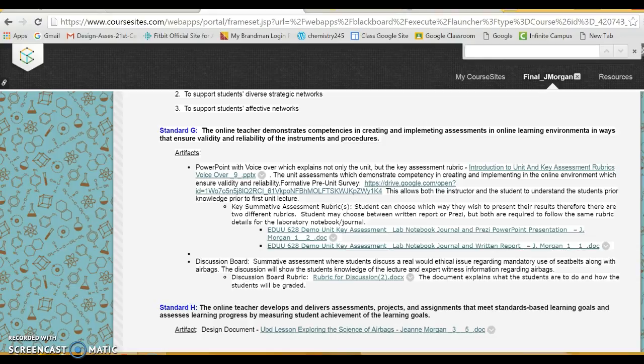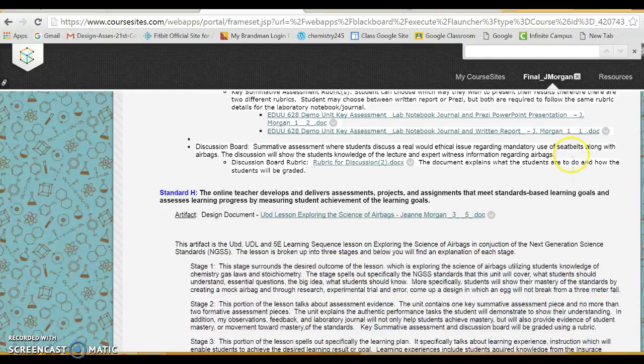Pre-unit surveys, getting a knowledge base on what kids know and what they don't know. The rubrics itself, a discussion board, the discussion board rubric, all these show the ways of implementing assessments in online learning that really ensure the validity of what they are learning and kind of hold them to it.